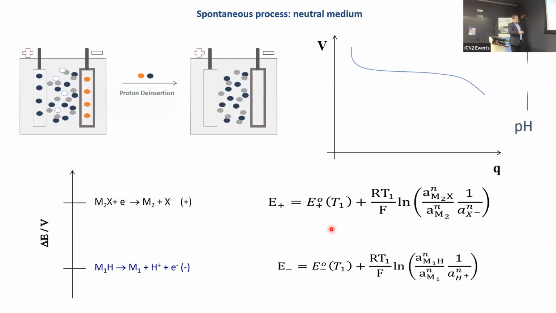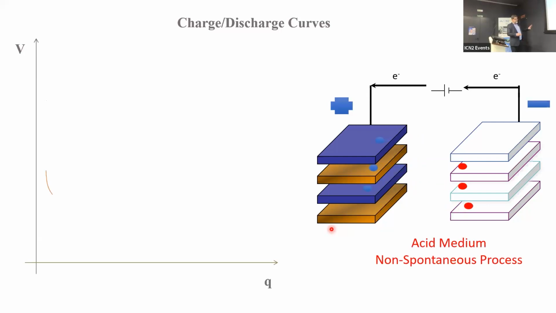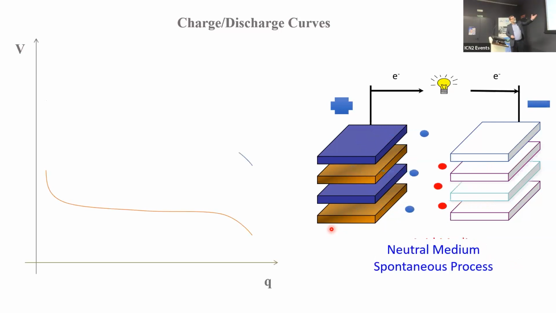So we can understand this with this figure. Here we have acid, and there is the charge process. After the addition of alkaline solution, there is the discharge process.